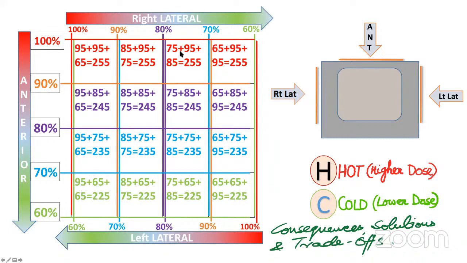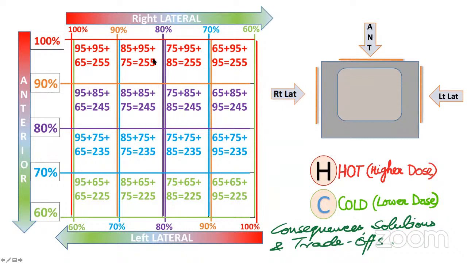Look at it: this anterior part is getting from both the right lateral and left lateral, the same amount. Two things will be the same: 95, 95, 65, 85, 95, 75.